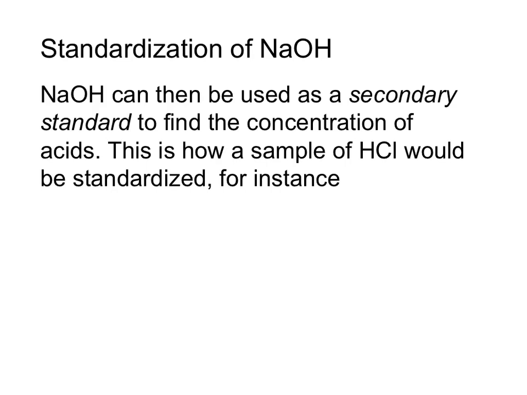After standardizing NaOH with a solution of KHP, that sodium hydroxide can then be used as what we call a secondary standard in order to find the concentration of acids. This is how a sample of hydrochloric acid would be standardized, for instance. You would first standardize an NaOH solution against the primary standard KHP, and then you would go through the same process to standardize the HCl against that NaOH.